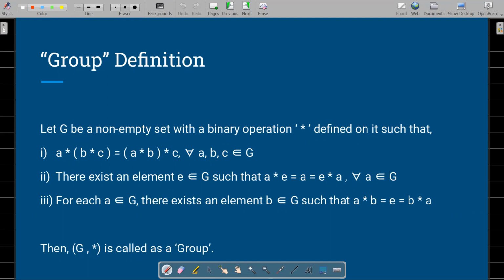As I said, the roots of the definition of a group, or for the first time, the word group was used by Galois.